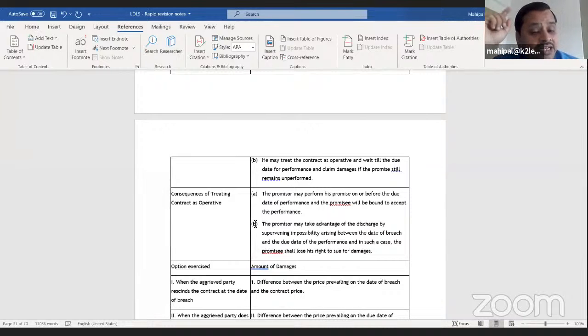If the parties wait till the date of performance, then the promisor, if he supplies the goods or performs his obligation, he is bound to accept it. Number two, if the contract is discharged on the ground of supervening impossibility, he loses his right to claim the damages. Am I clear?